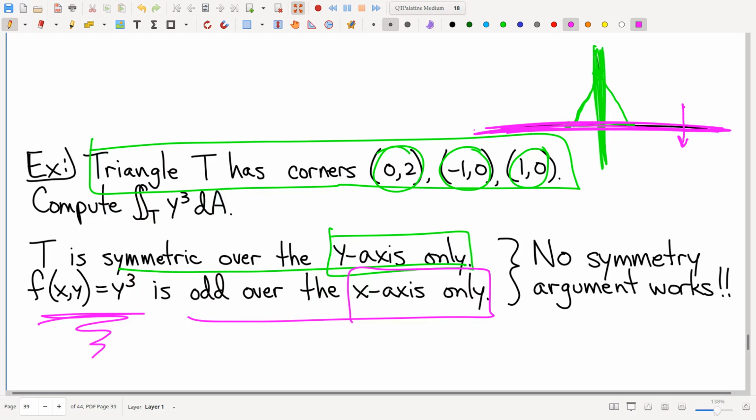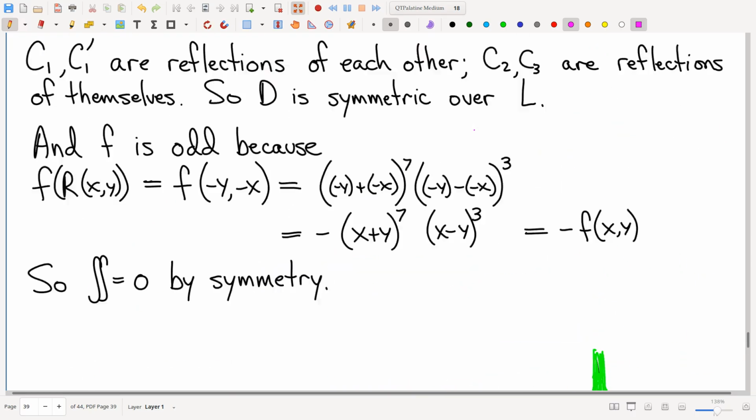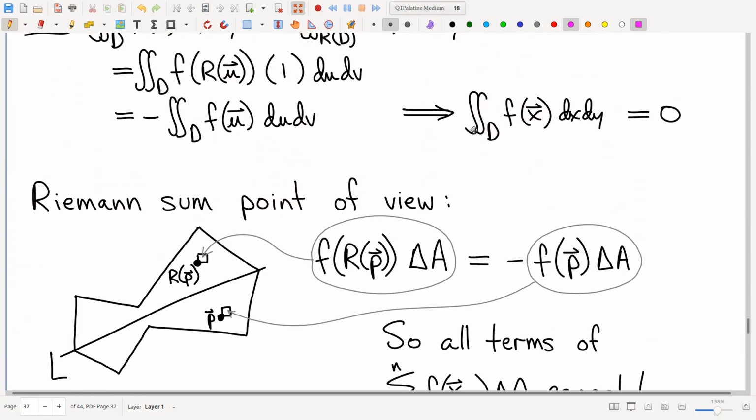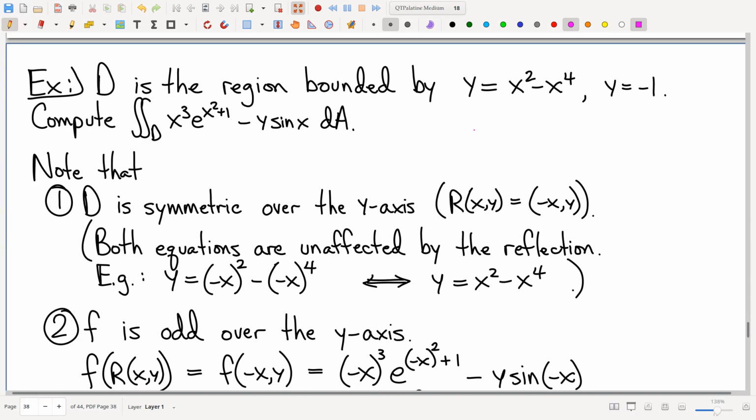Everybody on board? Everybody see? I'm a little confused by how, for this example, it's not symmetric. How come the first example you did, it was symmetric over the y-axis, that was fine, but now this one's not? Is it because they're different shapes? Ultimately, yeah. This is how the reflection works that would make the domain symmetric, and that's over the y-axis. Oh, you were talking about this one. Yeah.